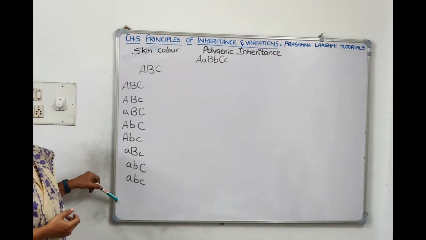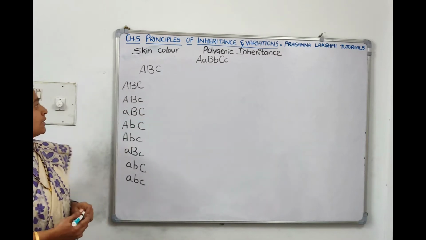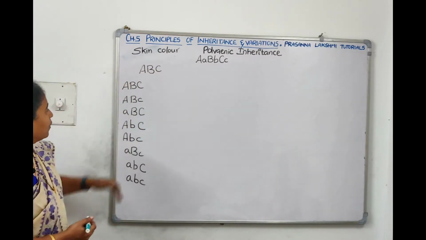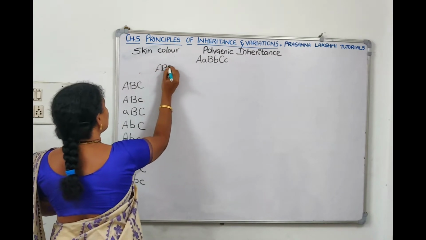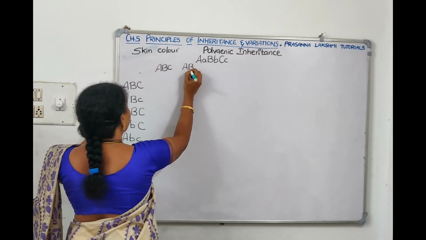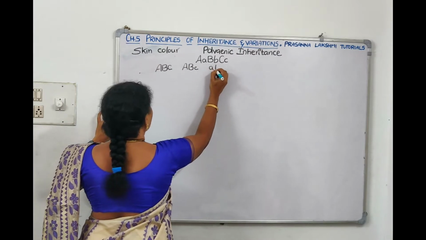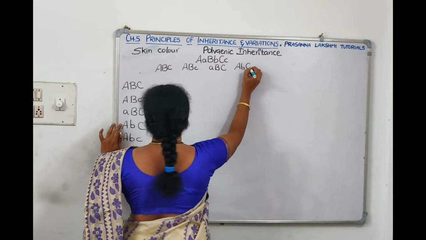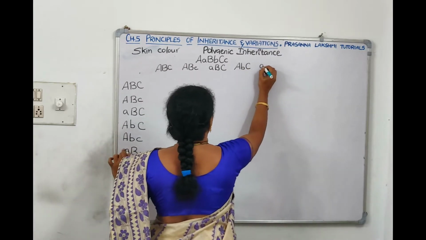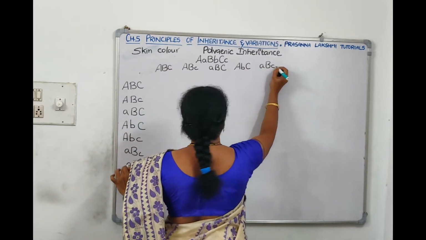8 type of male gametes, 8 type of female gametes, eggs. We will write 8 type here and 8 we already wrote here. So these 8 types will be A, B, C. Again, capital A, capital B, small c. Small a, capital B, capital C. Capital A, small b, capital C. Then small a, capital B, small c.